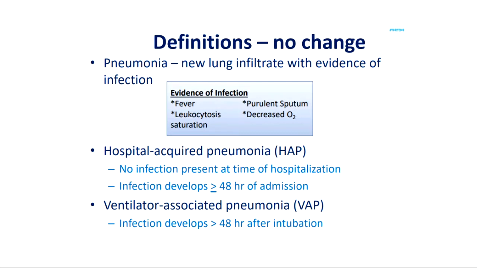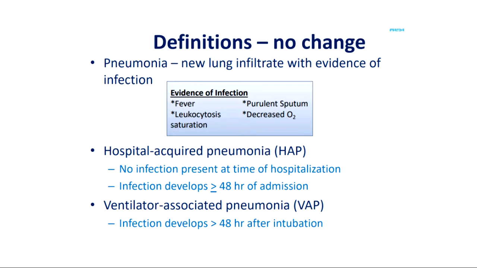The most important point to decide if it's pneumonia is a new lung infiltrate with evidence of infection, either fever, purulent sputum, leukocytosis, or oxygen saturation drop. If this happened after 2 days, after 48 hours, this is called hospital-acquired. But if it's only 1 day from admission, it's still CAP.